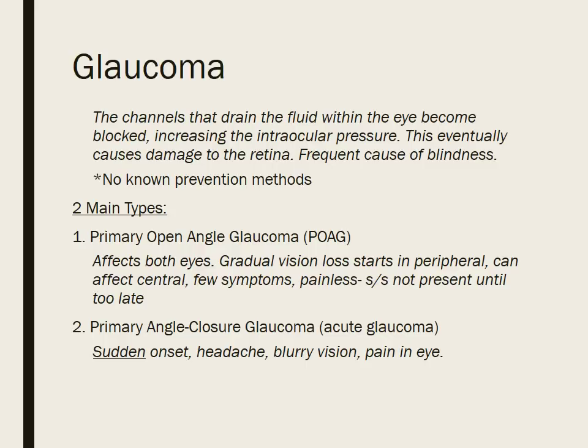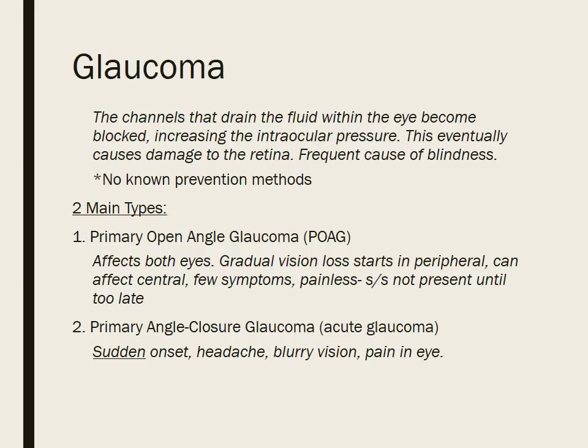Think about all that pressure building up in the eye. Later on, signs and symptoms might be present, but by that time, there's already been irreversible damage to the function of the optic nerve. Sometimes when people look at lights, they can see a little halo around the lights. And when they wear glasses, that decreased visual sensory perception doesn't improve.